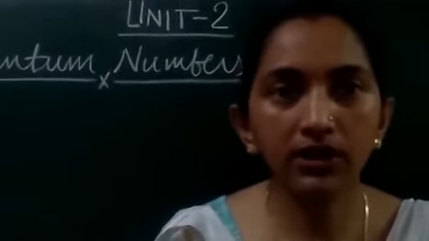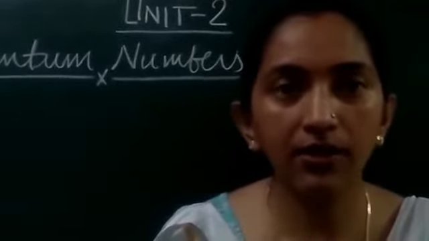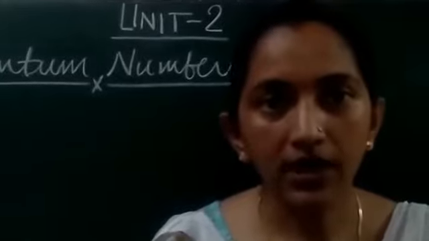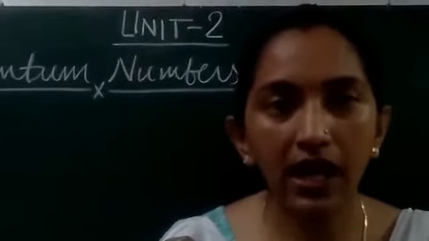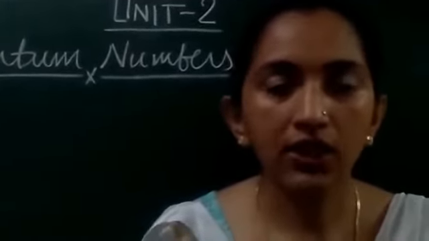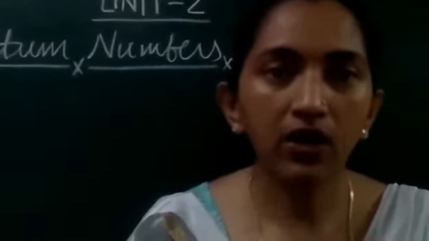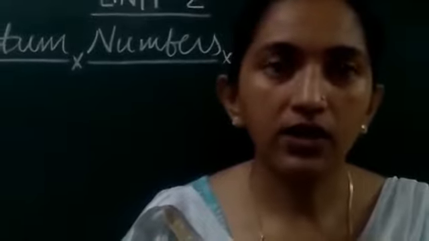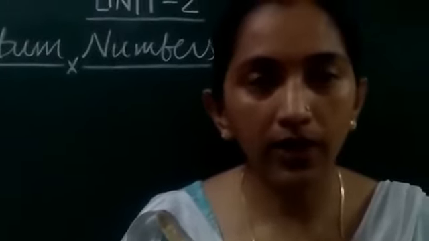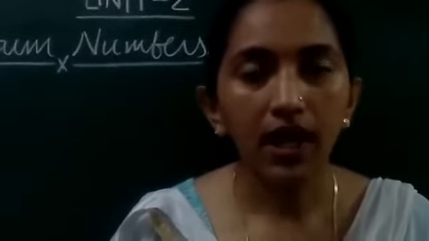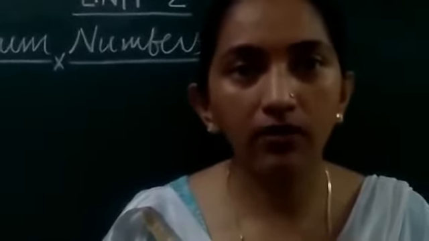So quantum numbers are the set of numbers which are given to the permissible atomic orbitals. We have three sets of numbers which are going to define the atomic orbitals. These are the principal quantum number, the azimuthal or subsidiary quantum number, and third is the magnetic quantum number.